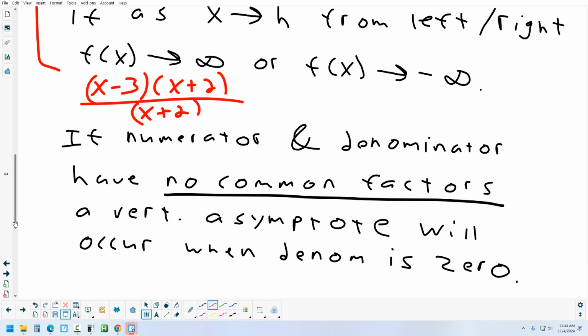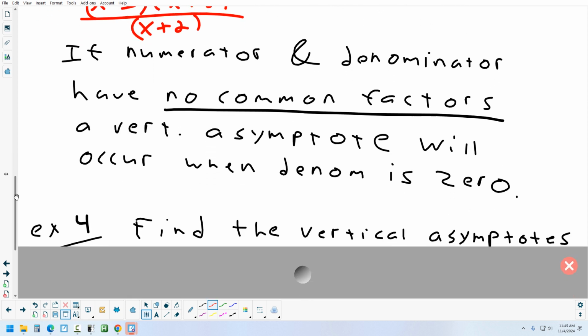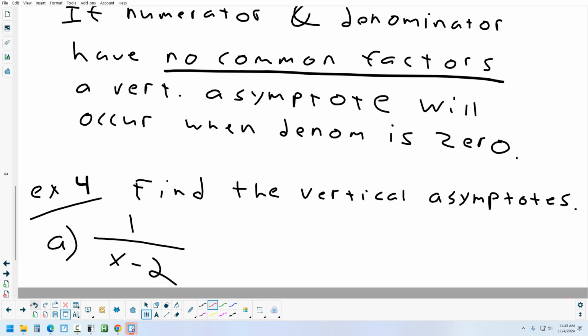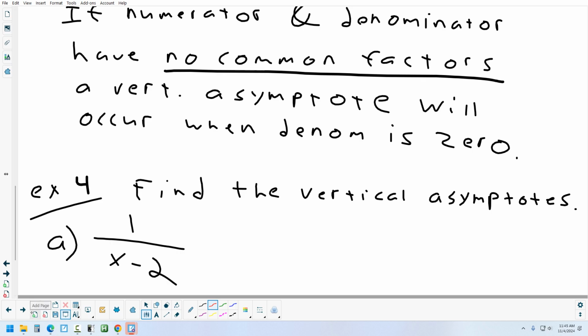All right, so let's try finding a couple vertical asymptotes. Okay, so first thing I want to check for is common factors. Are there any common factors in the top and the bottom? Right there. No. To have a common factor, you need an x minus 2 in the top and an x minus 2 in the bottom. We don't have that.